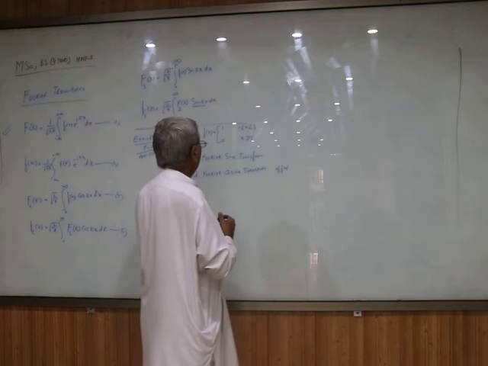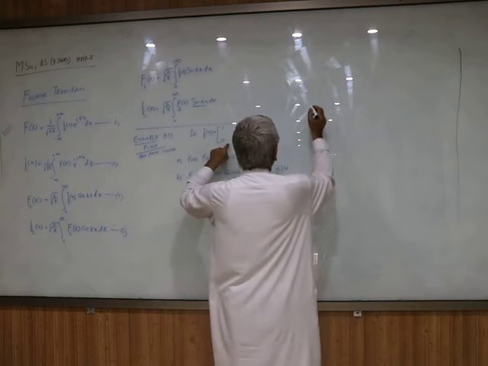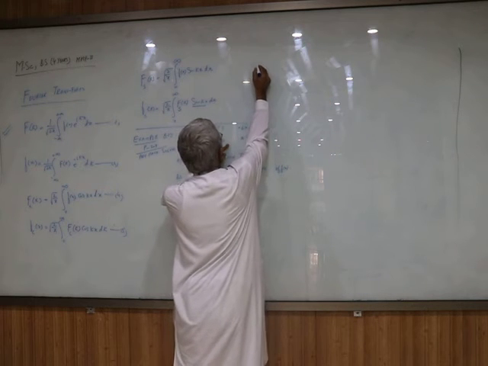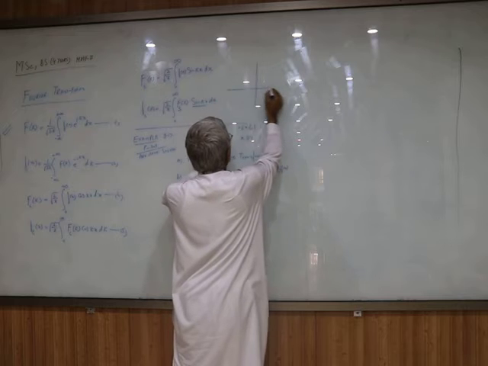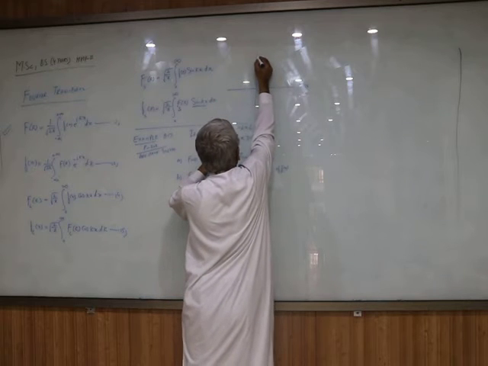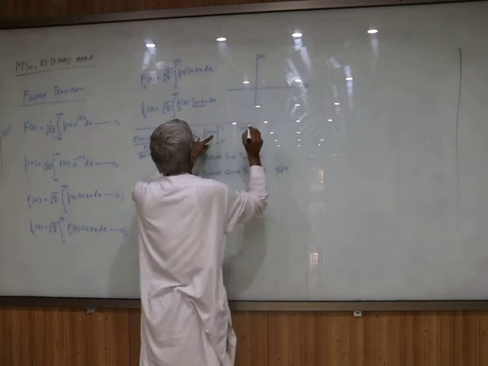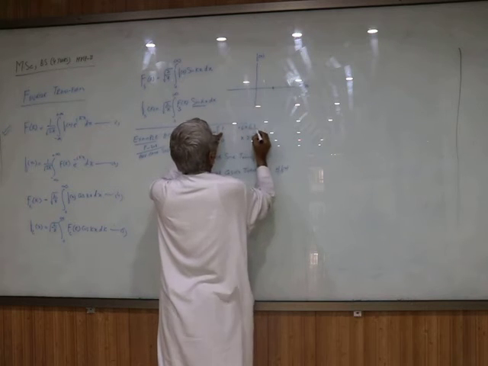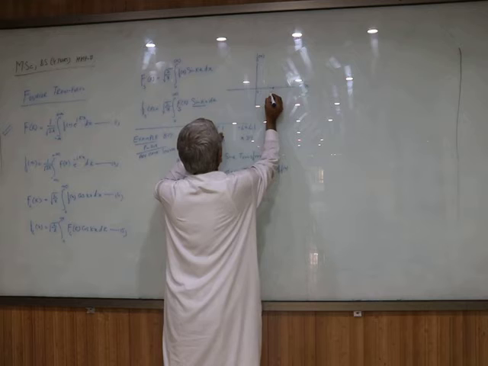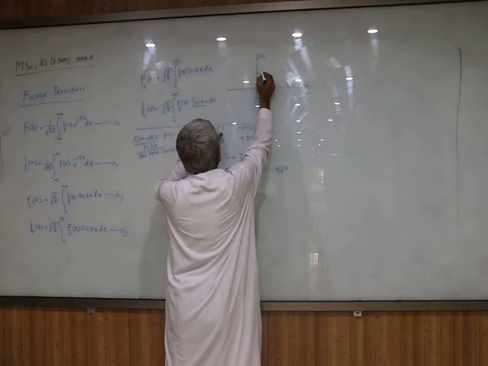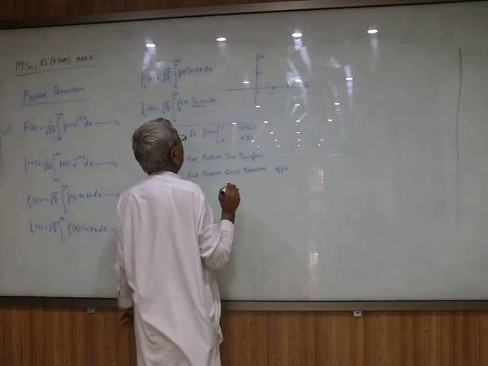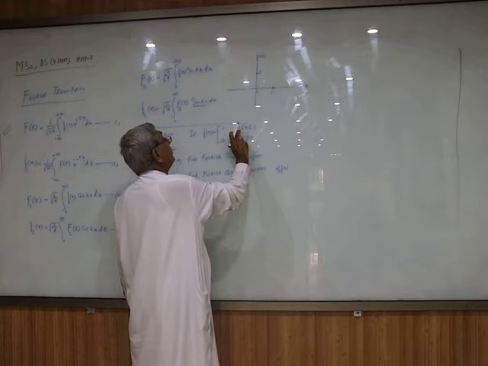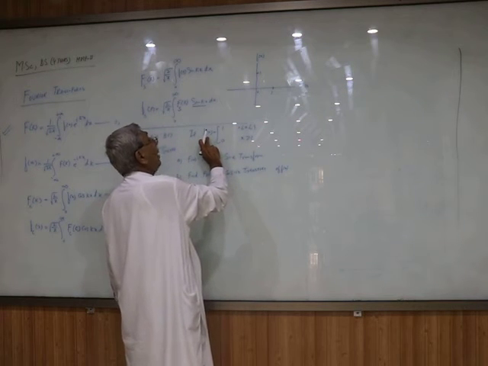Now remember, you have to plot first the graph of these, and if you look at the graph of that, then it is like this. This is your x, this is your f(x), right? And that is your 1 value, 0 to 1, this is 0 value, this is 1 value, this is f(x) equal to 1. Now what he is saying: if you put x equal to 0, f(x) is 1.